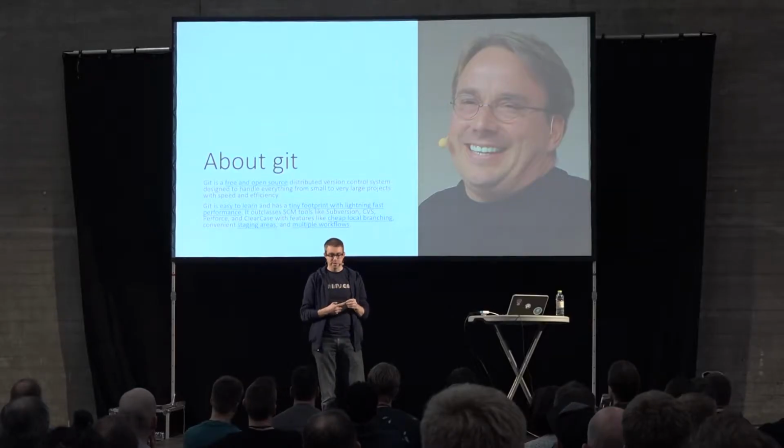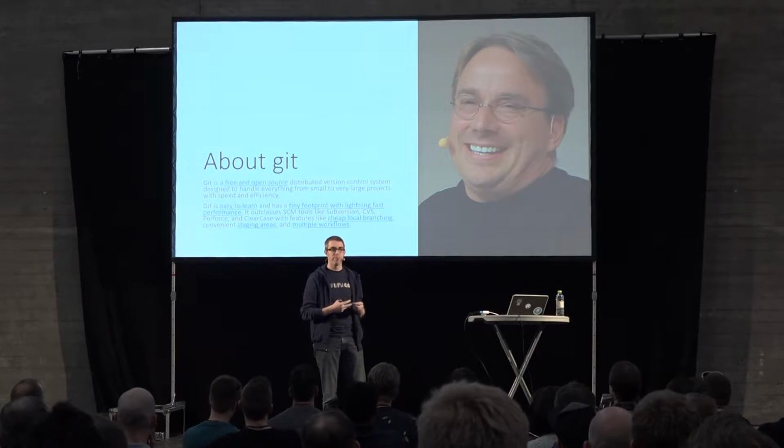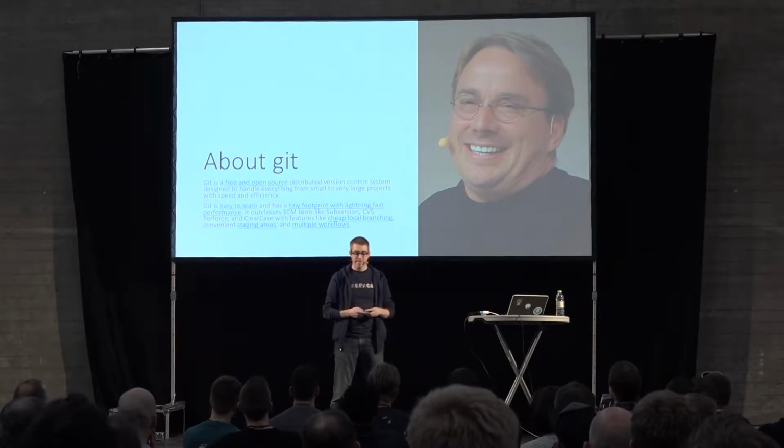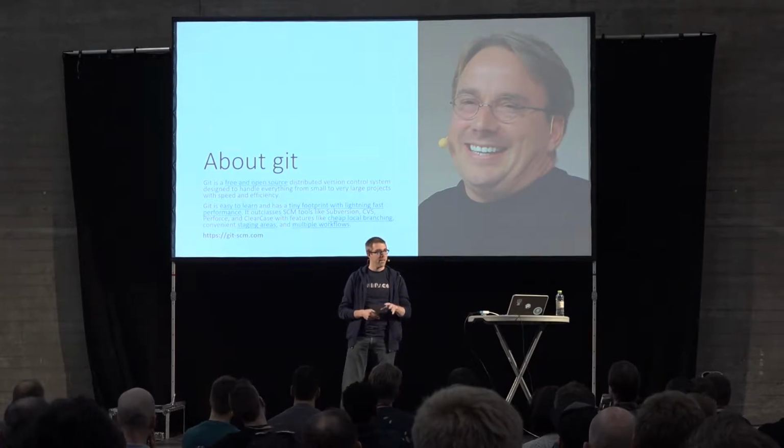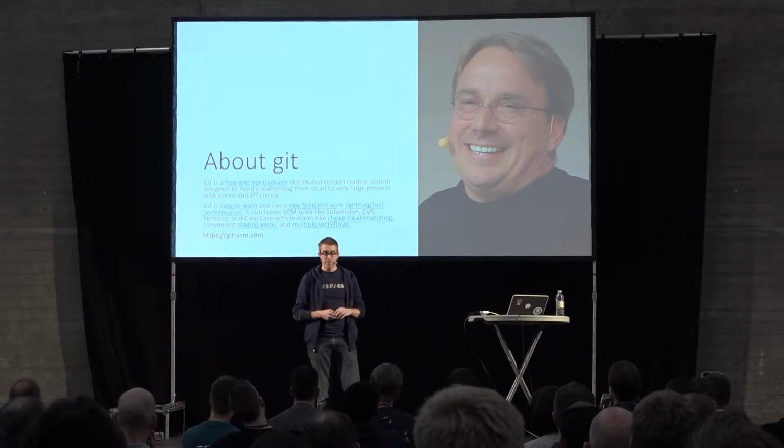It's easy to learn, it's fast, it's better than all the rest, and there are 3 important things: cheap local branching, that's the first part, we will discuss that. It has staging areas. Ever heard of them? And it has multiple workflows. But we'll come back to those 3. If you want to look again at this explanation, the gitscm.com website is probably where you want to be for a lot of information.